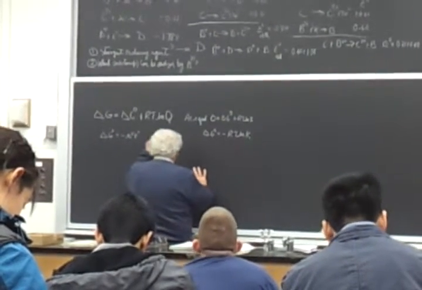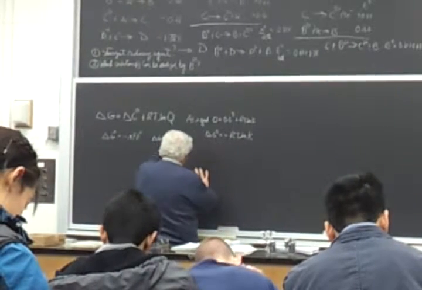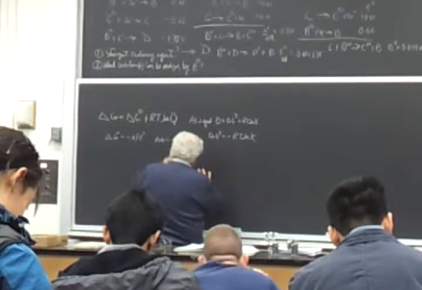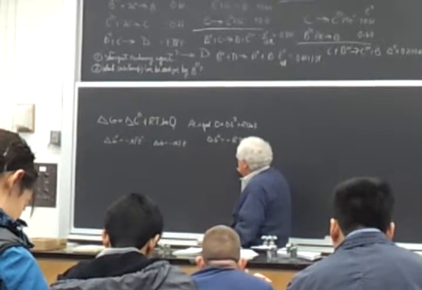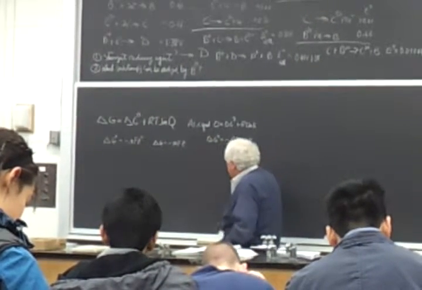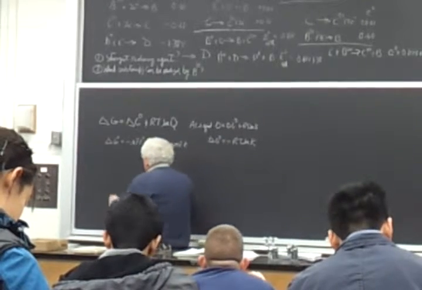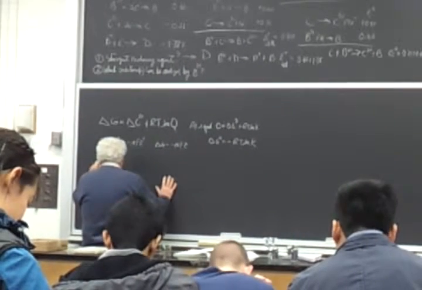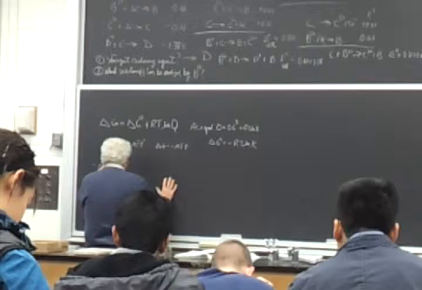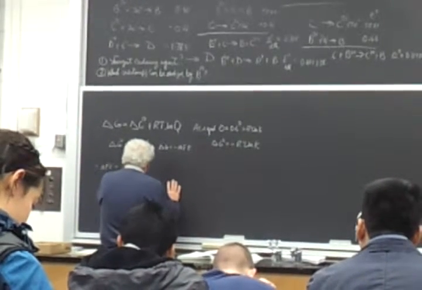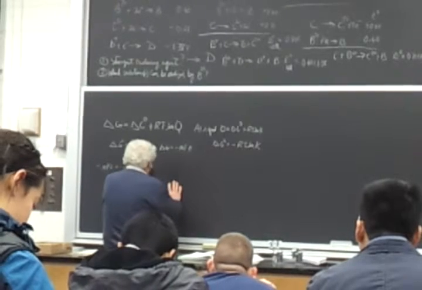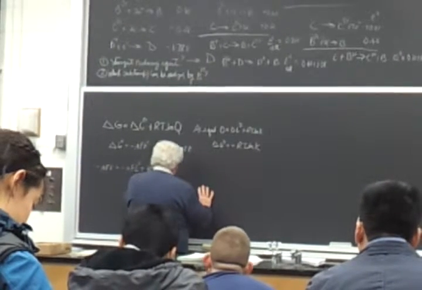And of course, delta G itself would be minus nFE, whatever that cell potential happens to be because of the non-standard concentration. Well, we can make a substitution here, can't we? We would have minus nFE is equal to minus nFE0 plus RT ln Q.